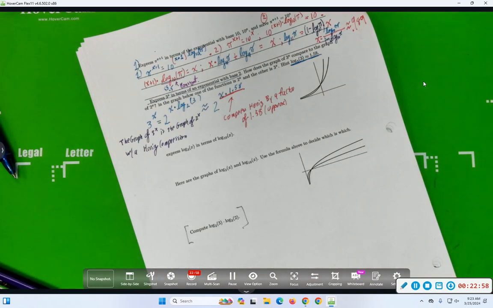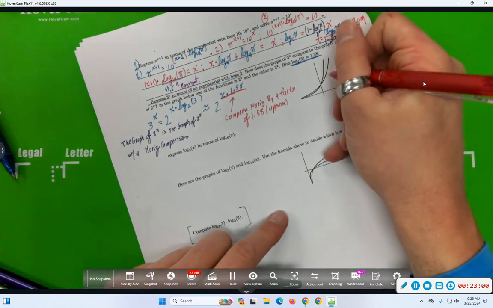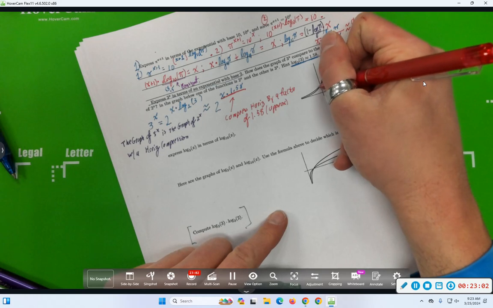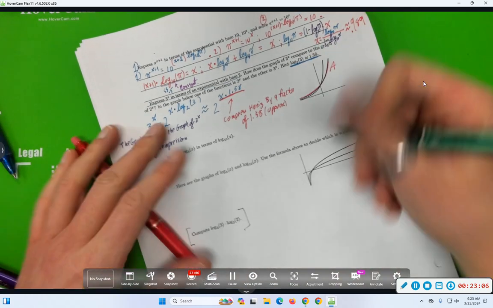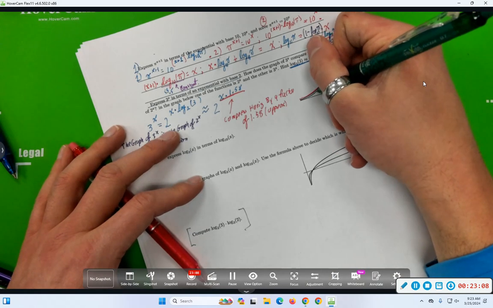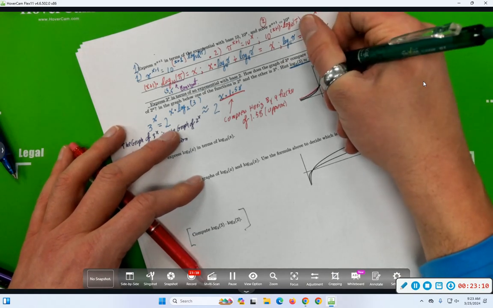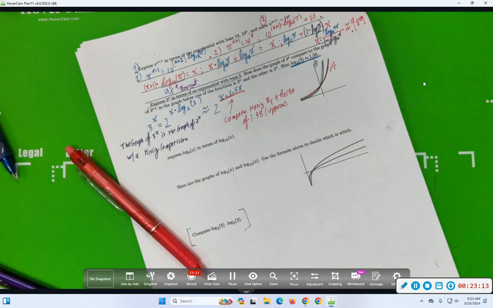So with that in mind, here are 2 graphs. I want you to now tell me which one of those should be the graph of 2 to the x, which one should be the graph of 3 to the x. And let's use this sentence to decide.